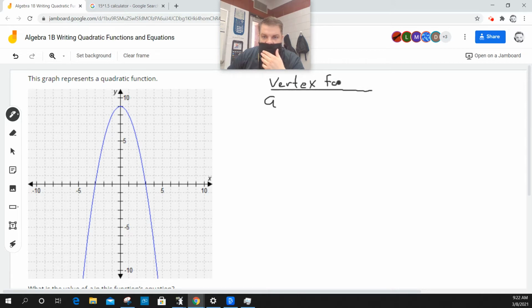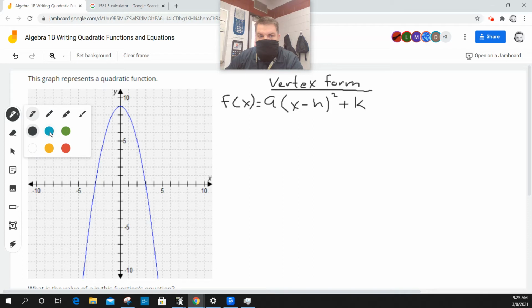The vertex form of a function says that f of x is equal to a times the quantity x minus h squared plus k. Well, I know that because my graph opens down, a is negative.